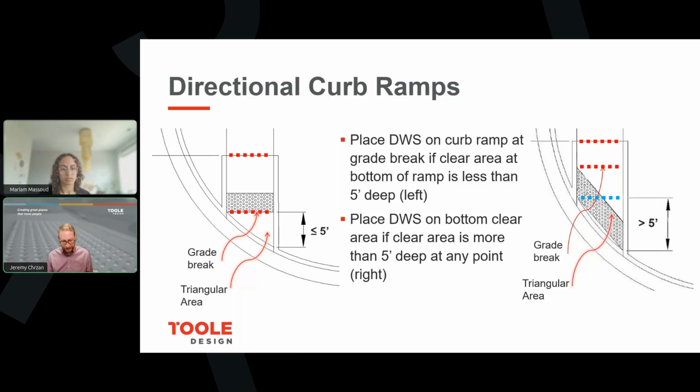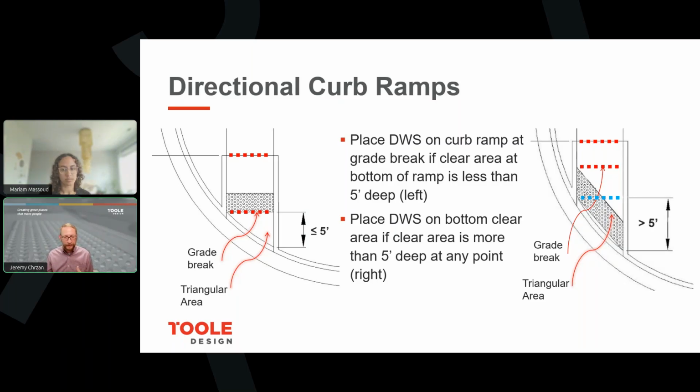If that distance is less than or equal to 5 feet from the curb to where that grade break or detectable warning surface would be, then we leave the detectable warning surface as shown in that image on the left, at the grade break. But in a very skewed condition, if that distance were to exceed 5 feet, PROWAG and ODOT's guidance requires that those detectable warning surfaces be aligned with the curb line itself.